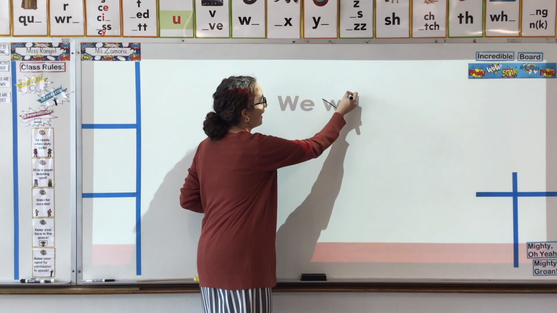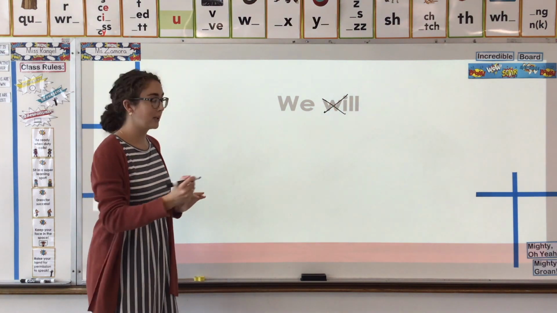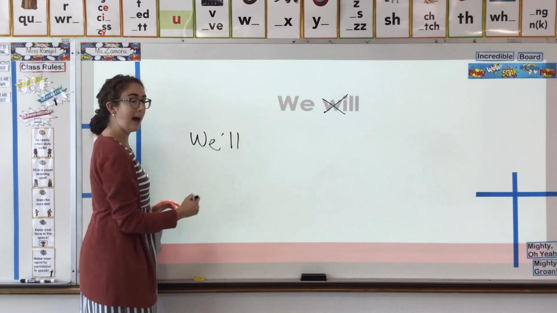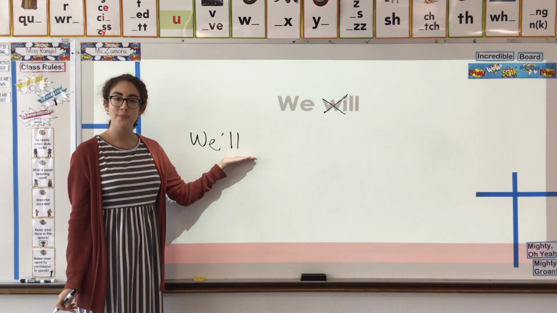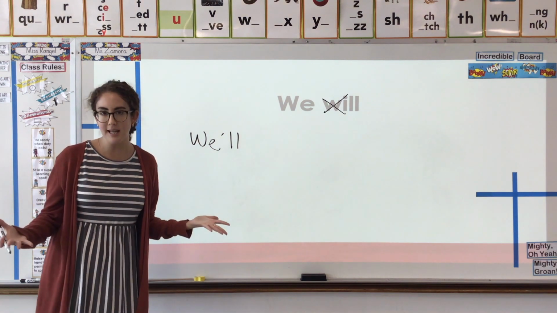The W and the I are going to get replaced. And I'm going to create the contraction we apostrophe LL, which is we'll. We'll. So we're practicing writing contractions within a sentence.